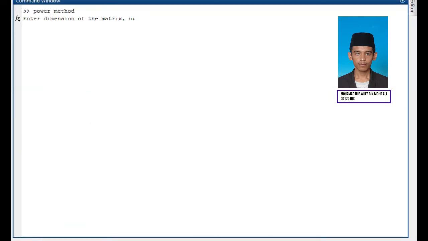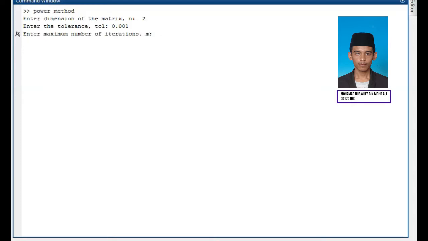First, the power method will ask us to enter the dimension of the matrix, which is n. We need to insert the true value for n, which stands for a 2 by 2 matrix. Now we need to enter the tolerance. We enter the tolerance of this calculation as 0.001, which is 3 decimal places.